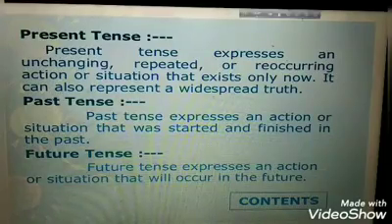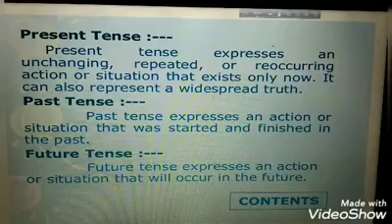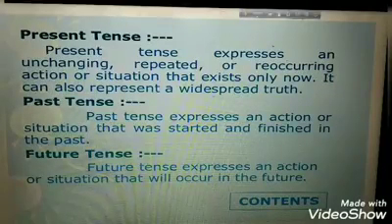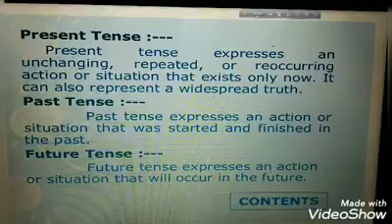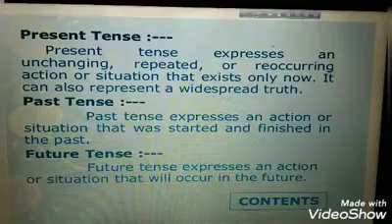What is present tense? Present tense expresses an unchanging, repeated, and recurring action or situation that exists only now. It can also represent a widespread truth. And what is past tense?